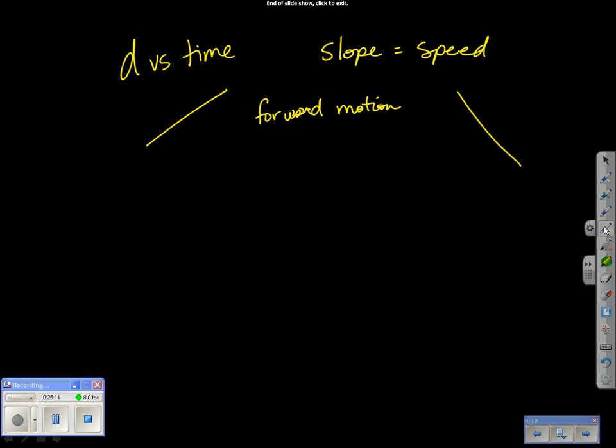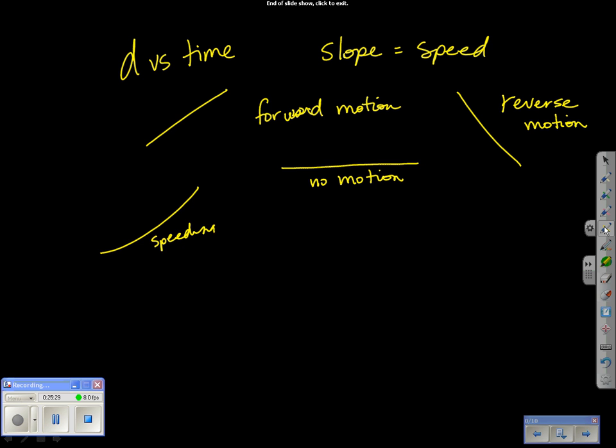Anything with a negative slope is reverse motion. Anything with no slope is no motion. A positive curve is going to be speeding up. A negative curve is going to be slowing down.